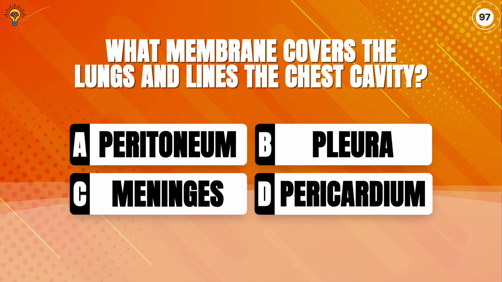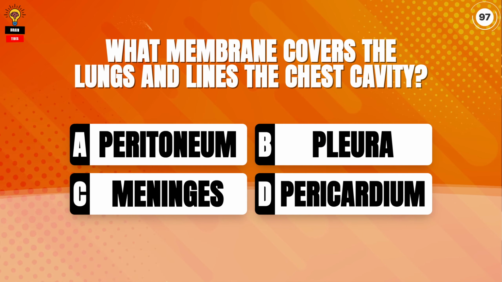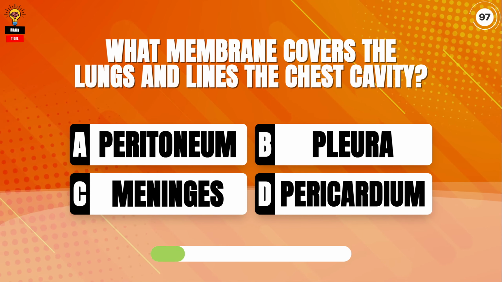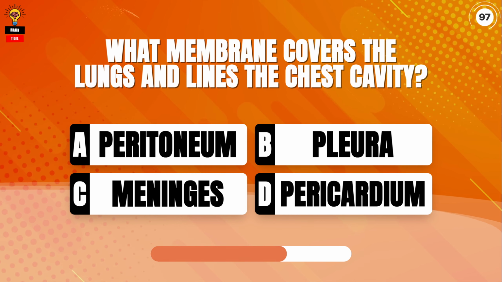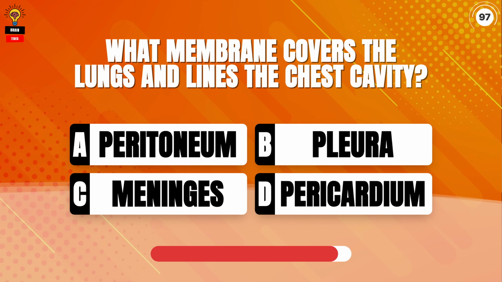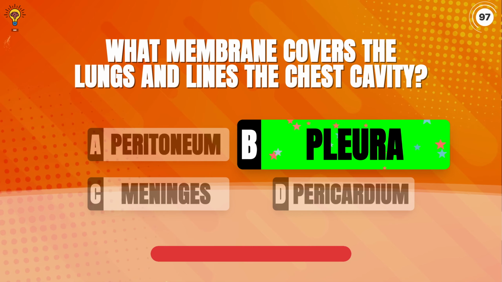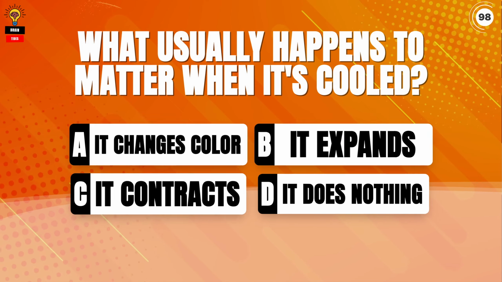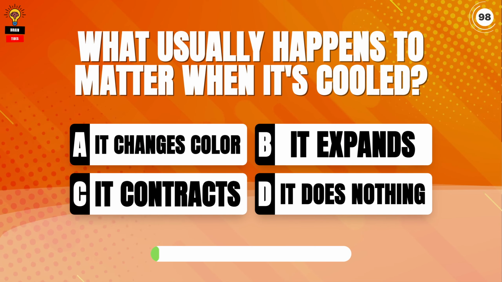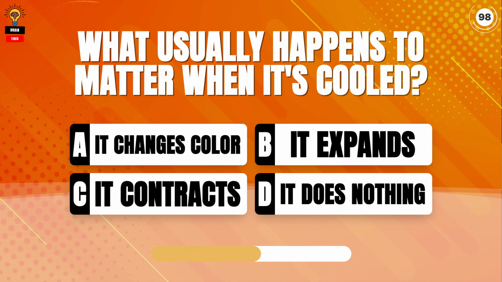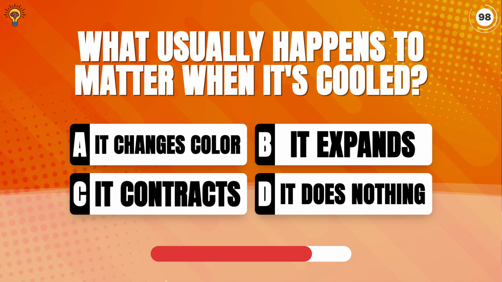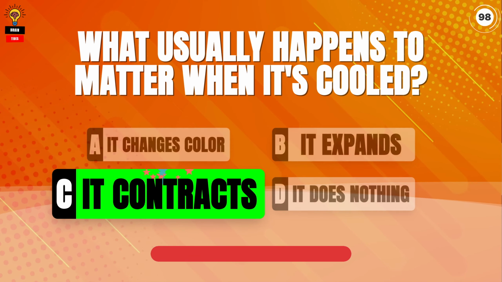What membrane covers the lungs and lines the chest cavity? What usually happens to matter when it's cooled? It contracts.